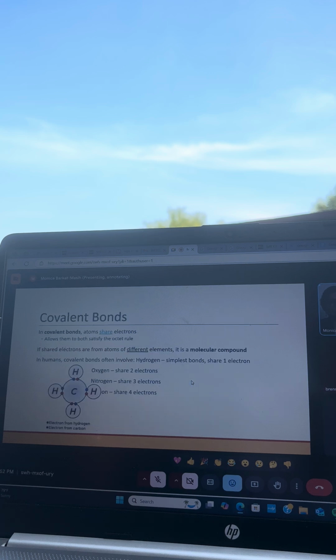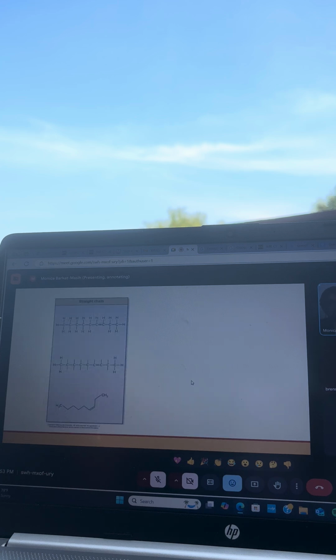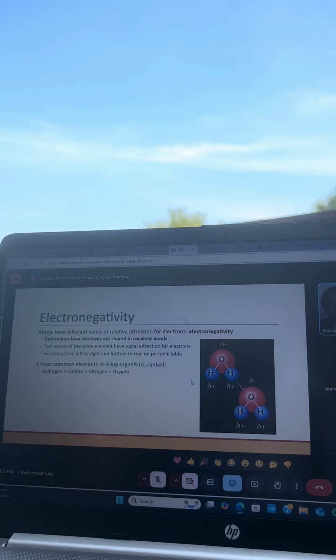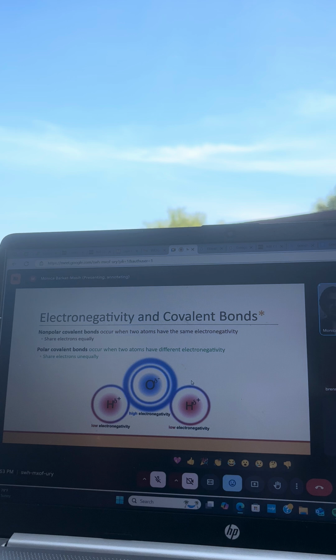We said covalent bond is when the electrons are shared. Okay, the next thing, what are polar and what are non-polar covalent bonds? What are non-polar covalent bonds? When two atoms have the same electronegativity.